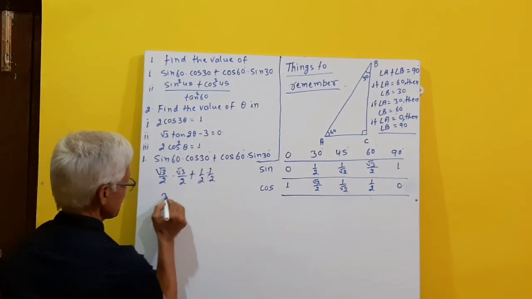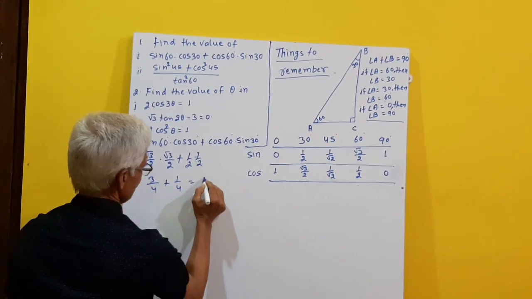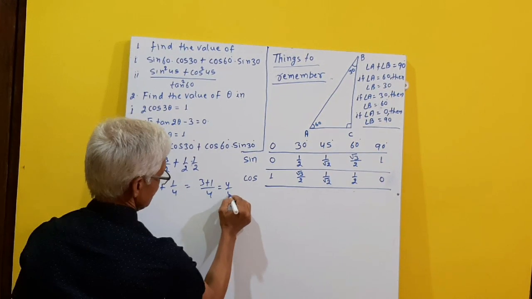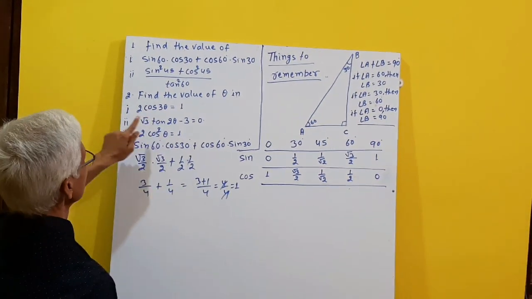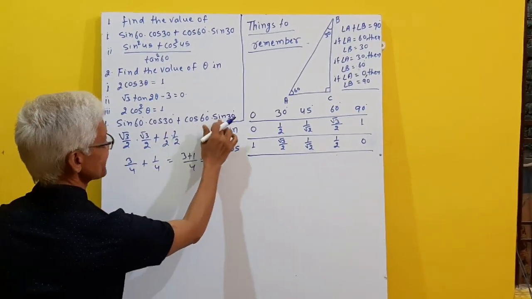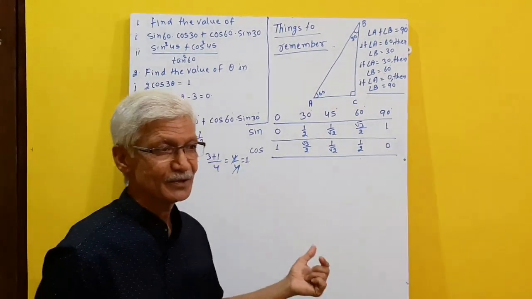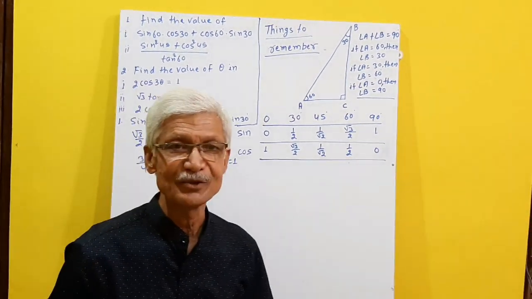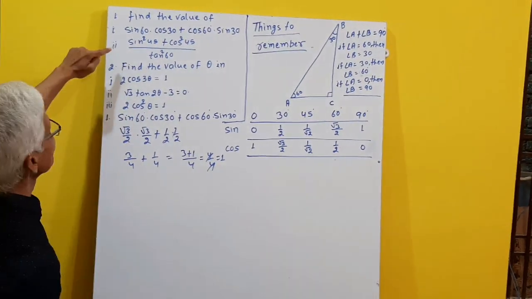That is 3 upon 4 plus 1 upon 4. The value of sin 60 cos 30 plus cos 60 sin 30 is 1. We have already proved in the last segment that sin A cos B plus cos A sin B is equal to 1. It is based on the same things. Let us find the value of this.